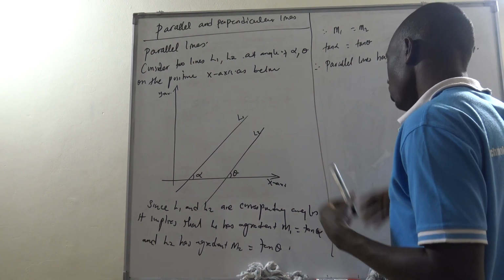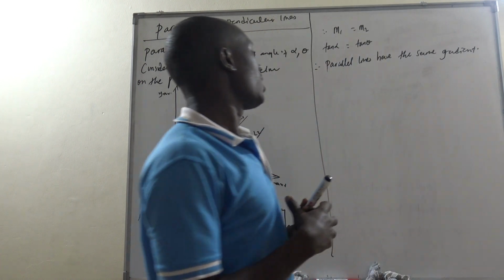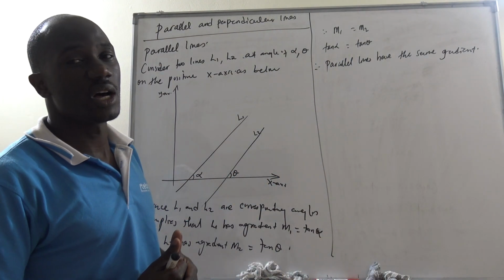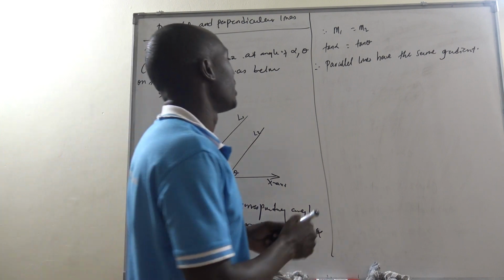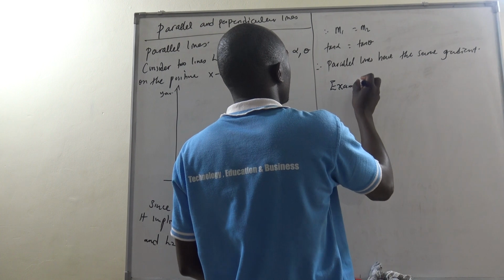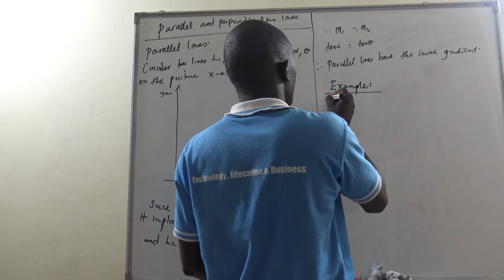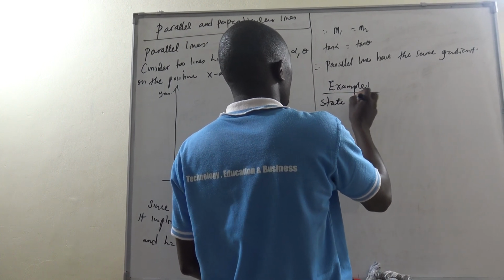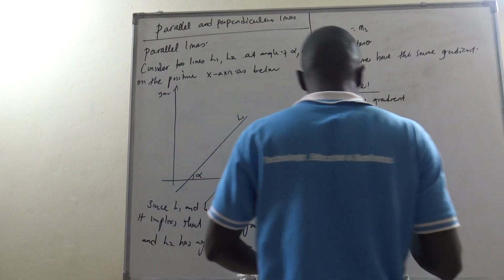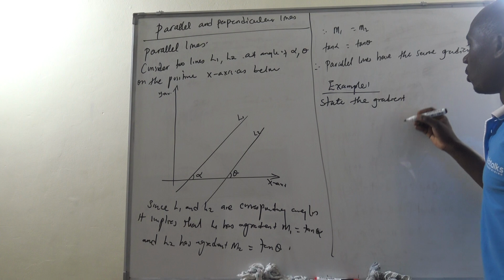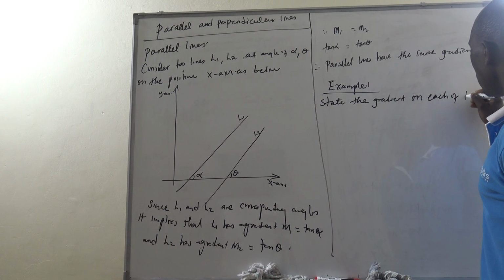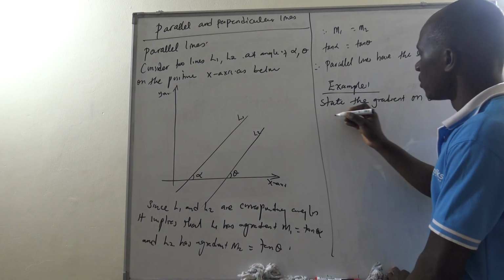So how do we calculate numbers about parallel lines? How do we get an equation of a line on parallel lines? Let's start with example 1. State the gradient of each of the following lines.